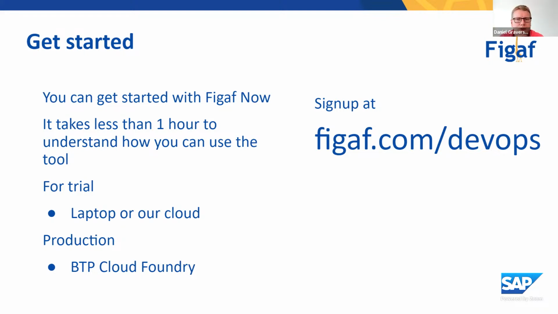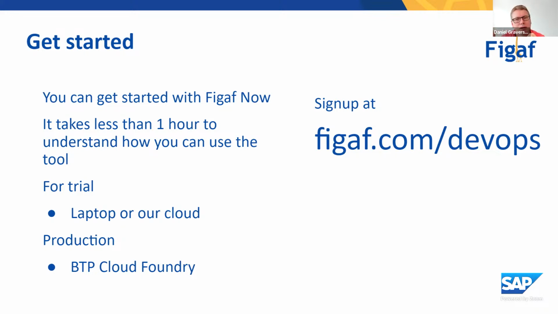Yes. You don't need to create any changes to the iFlow. There, we do create changes of the iFlow. For instance, if you start with a non-HTTP adapter, like a file adapter or SFTP adapter, we cannot send messages to that one. So instead, the Figaf tool will create a new version of that iFlow, send the message in, and then be able to compare this.